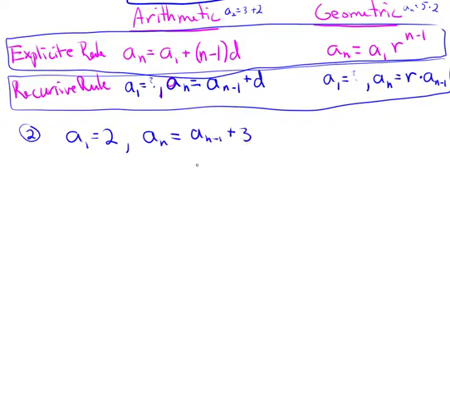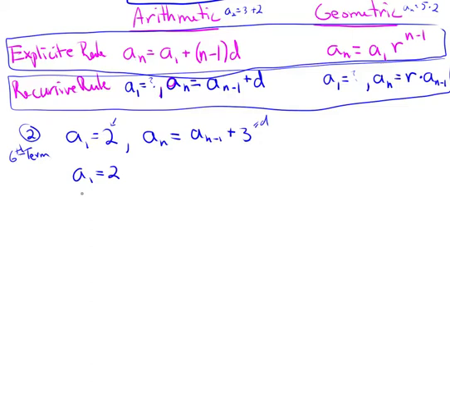So if we take a look at what's given to us, it's the recursive rule, and because it's a plus 3, that's our difference. So this is our difference, and this is our a sub 1. To find the next, say, 6 terms, up to the 6th term, we would start with a sub 1 is 2.